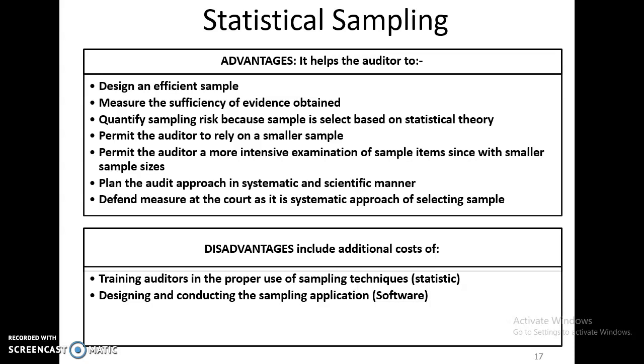But the disadvantage would be in getting the software, it could be costly for certain firms. That's why using CAAT, as I mentioned earlier, will only be adopted by large firms. Another disadvantage is that we need to make sure our auditors are trained in sampling techniques, as opposed to non-statistical sampling, which is based on professional judgment, and we can train our own staff through coaching.